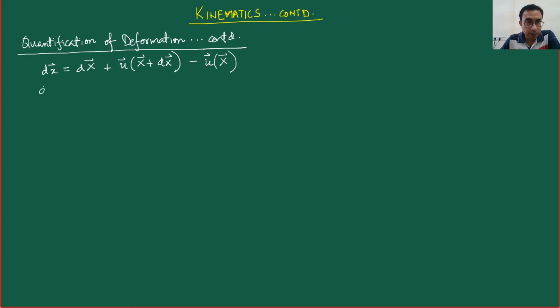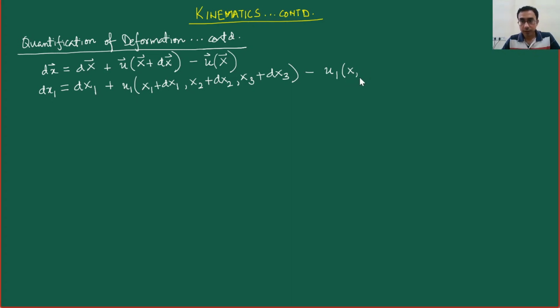So what I basically mean is dx1 will be d capital X1 plus u1 of (X1 plus dX1, X2 plus dX2, X3 plus dX3) minus u1 of (X1, X2, X3). So this is just the first component of the d small x vector.